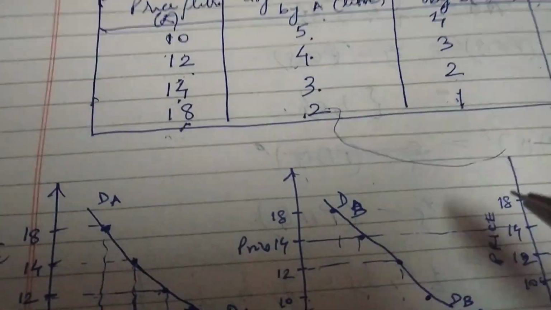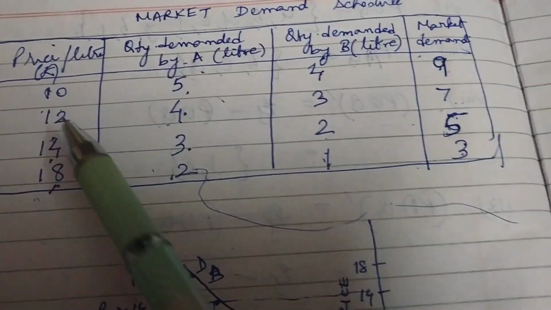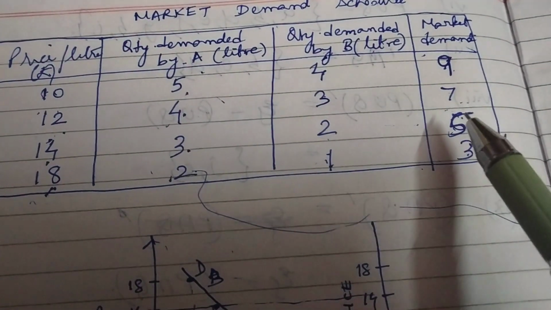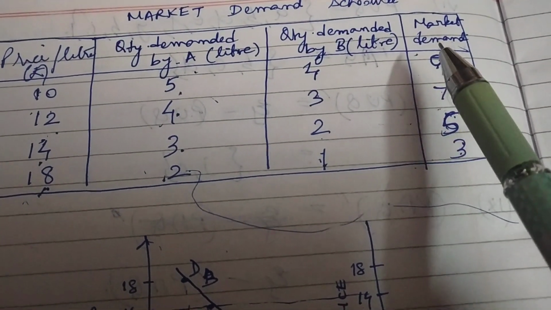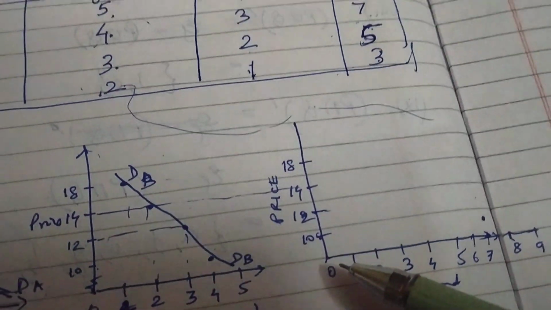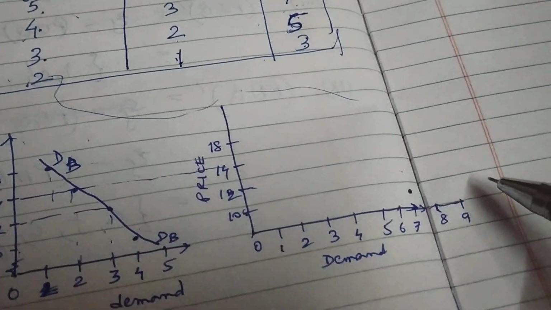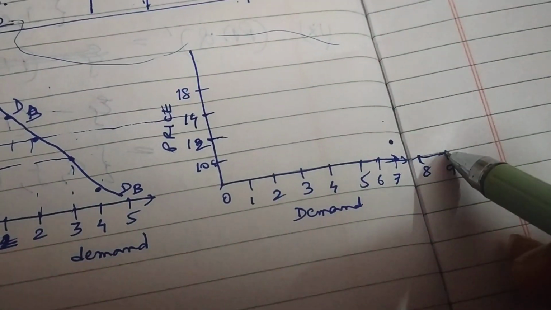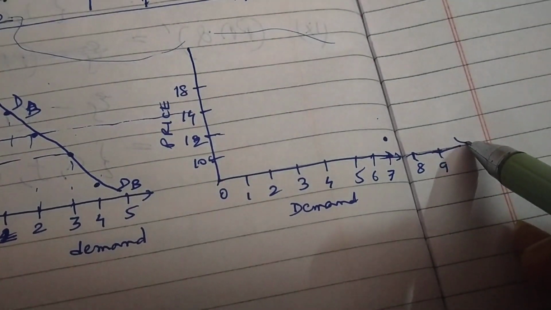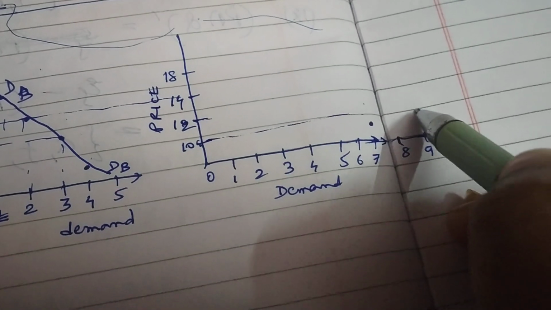And when I plot this market demand schedule, that is 10, 12, 14, 18 and the corresponding market demand of 9, 7, 5 and 3, then again at rupees 10, what is the point I get? If I extend here, I get the point at rupees 10, this point.